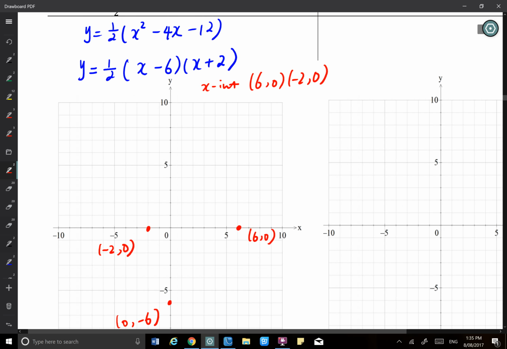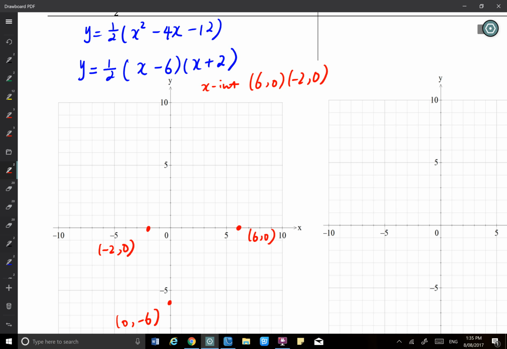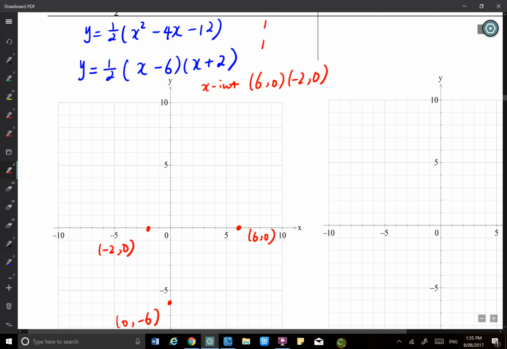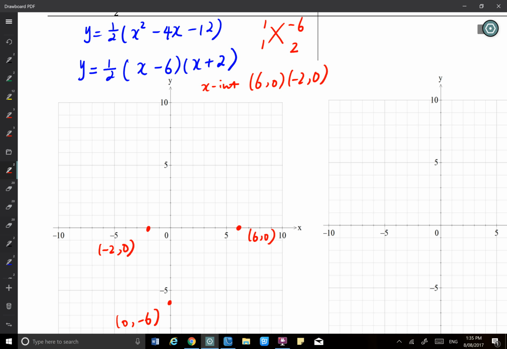Because it's easy to factorize, that's what I can have immediately. Negative 6 and 2 give you a negative 12, and you need a negative 4. So you have x minus 6 and x plus 2.